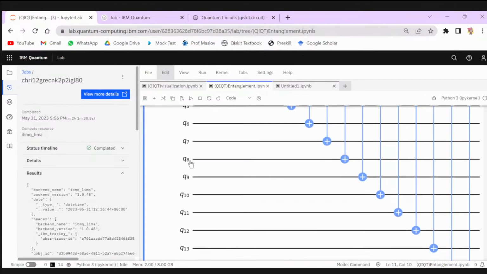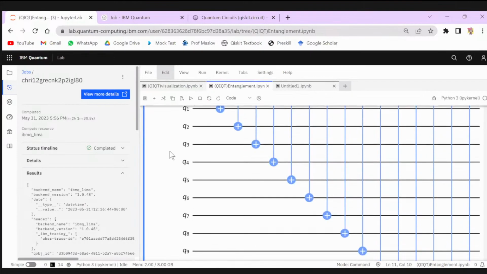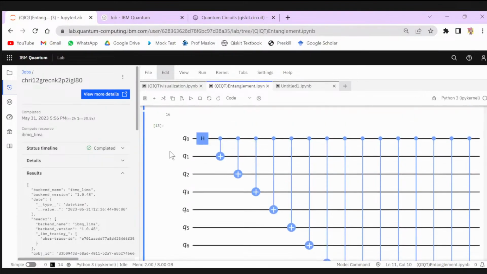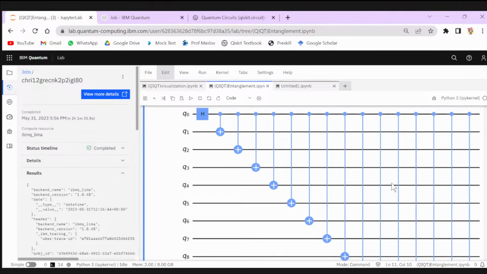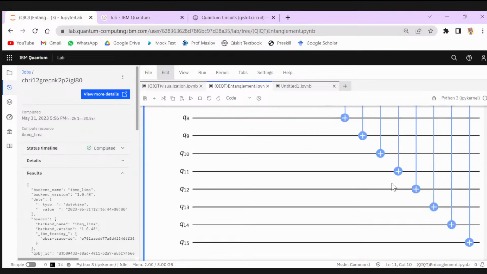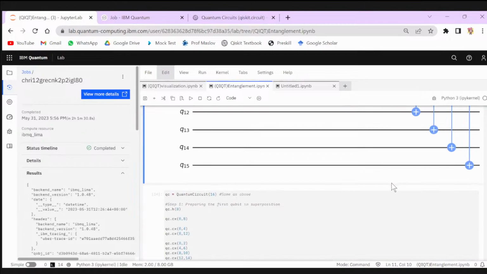Yesterday someone asked the question, can we make 3 or 4 qubit entangled states? If you create this type of circuit, then the complexity will become very high. But you have to optimize the circuit. So how can we optimize the circuit? Let's see.